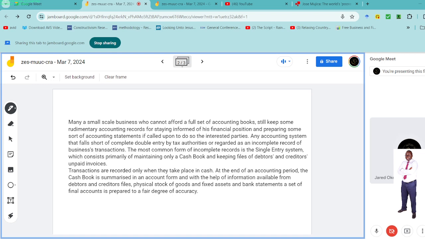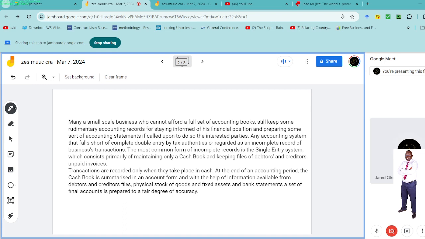And the most common form of this incomplete record is the single entry system, which consists primarily of maintaining only a cash book and, of course, as I was mentioning, a file of debtors and creditors and paid invoices. When such transactions are done, you cannot file them even for tax purposes because they do not follow one of the tenets of accounting, the double entry concept.